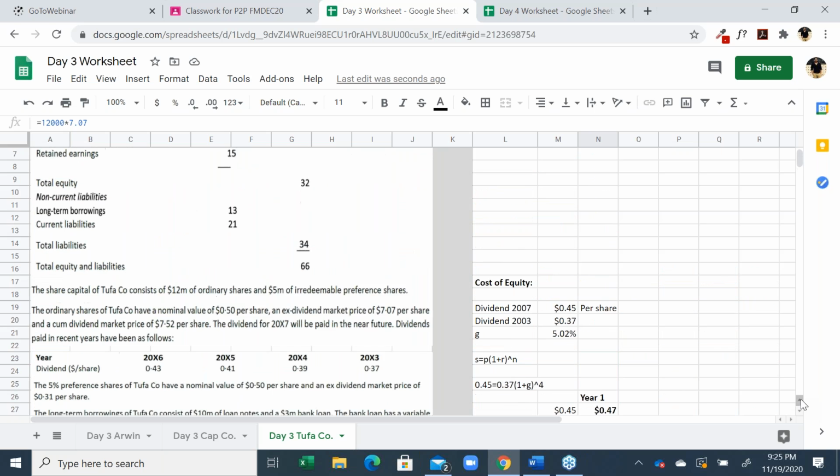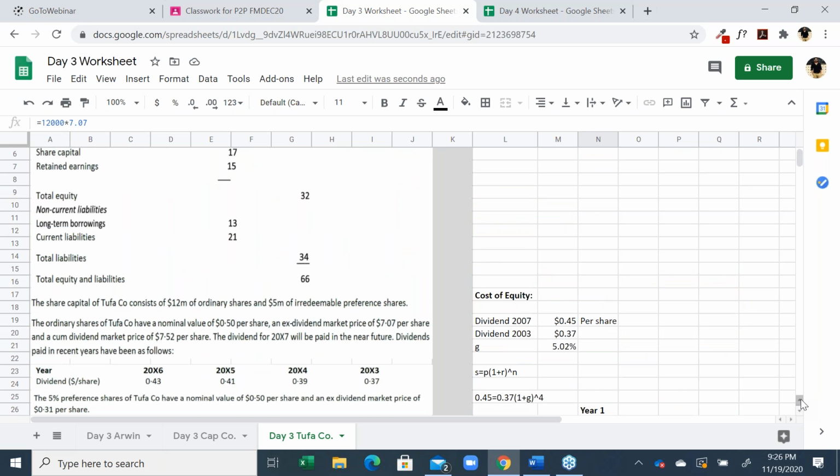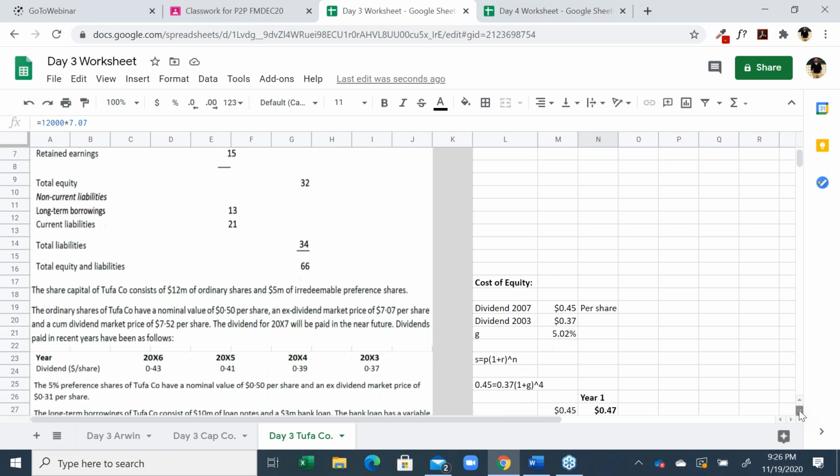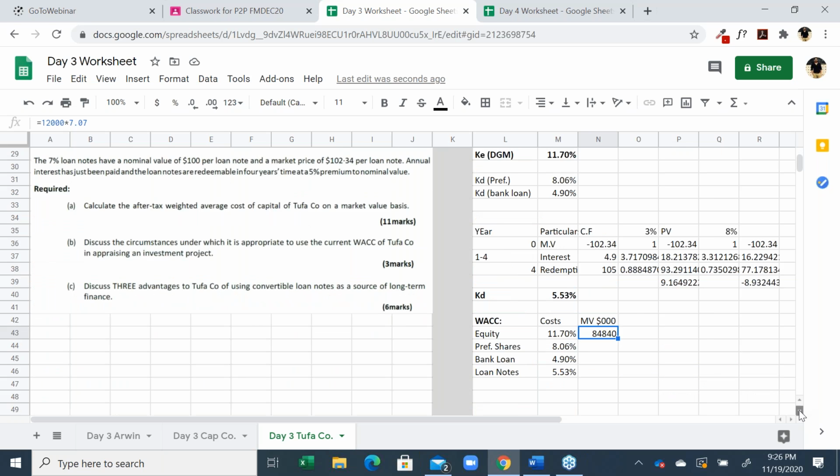Then we should pick up the preference shares. It has a nominal value of 0.5. Sorry, my bad, I thought it's the number of shares. We have to convert it into number of shares first.